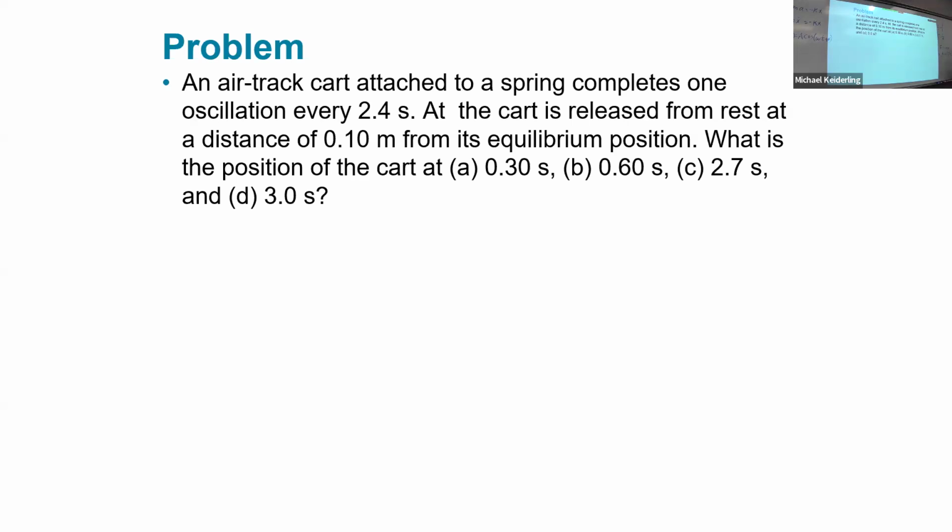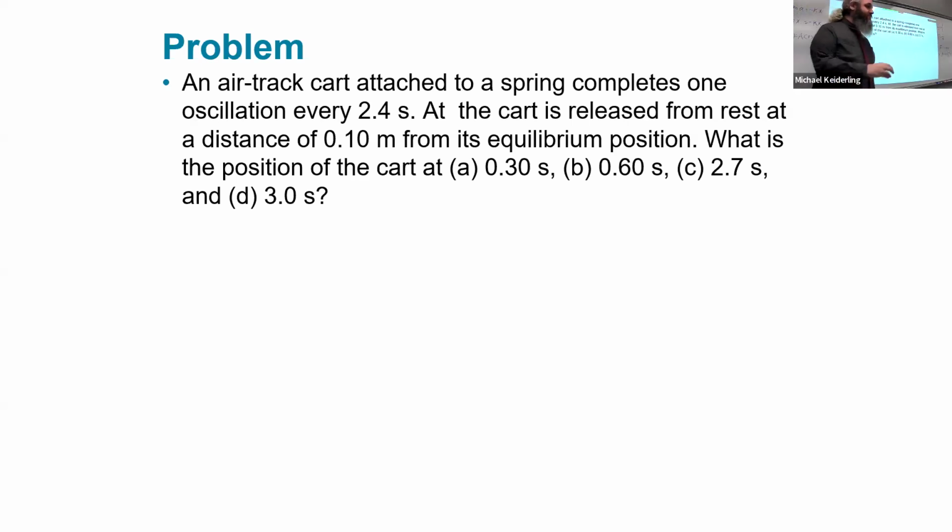The cart is released from rest at a distance of 0.1 meters from its equilibrium position, so it starts at maximum A, which gives a cosine curve, and the phase would be 0. What is the position of the cart at 0.3 seconds, 0.6 seconds, 2.7 seconds, and 3 seconds?